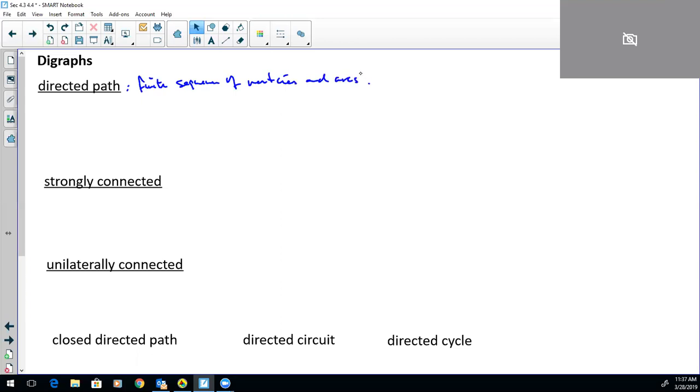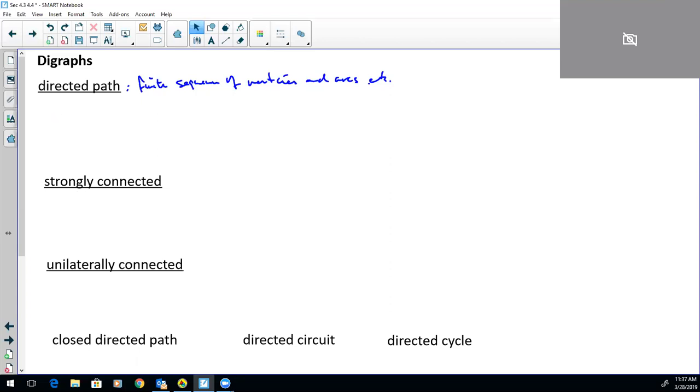Remember, an arc is a directed edge here. Starting with a vertex and ending with another. Okay. I'm not going to write this down, but it would be V1, E1, and so on like that.